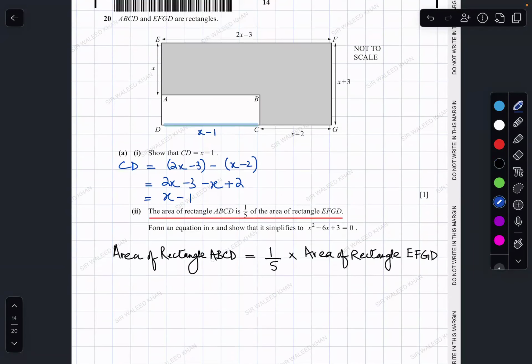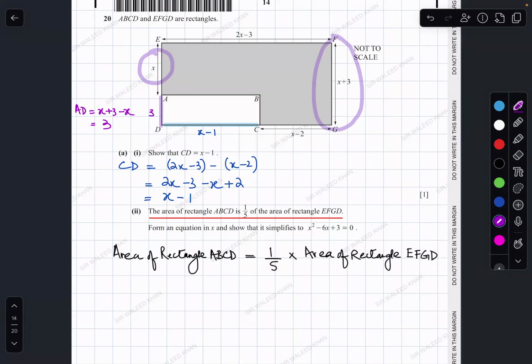We have to do the same thing over here as well. This full length is x plus 3 and this is x, so that makes this length just 3. AD will be x plus 3 minus x, so this is length 3.